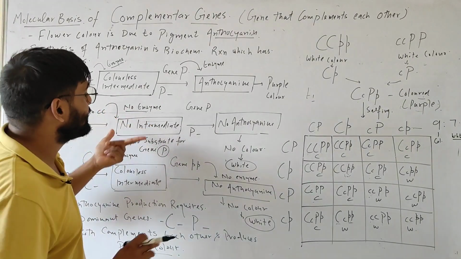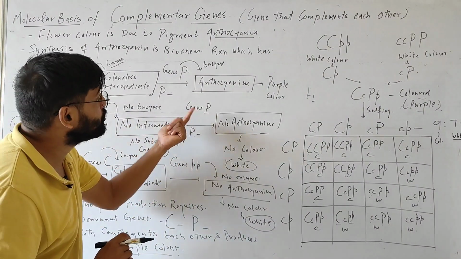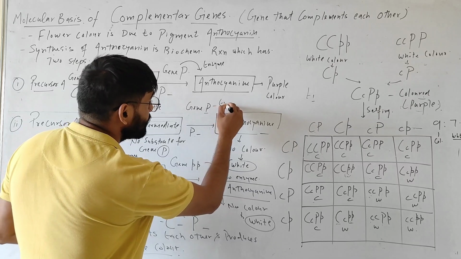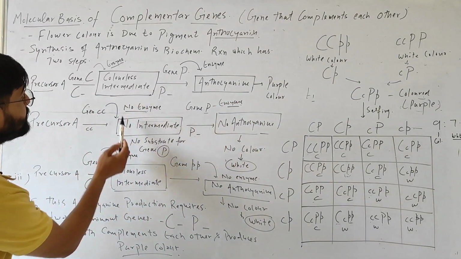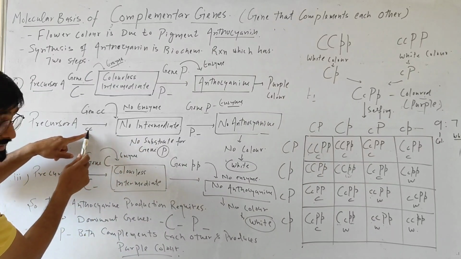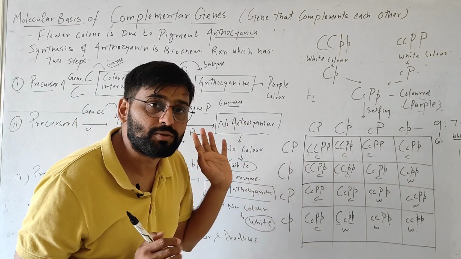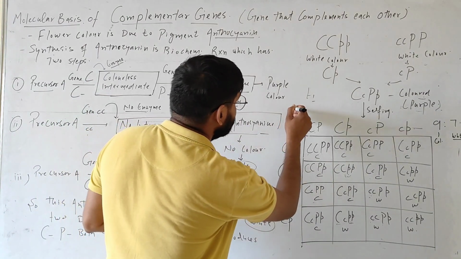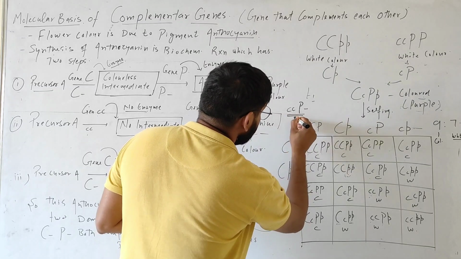The gene capital P is there, and it will produce the enzyme, but the enzyme has no substrate, no colorless intermediate, because the gene that can convert precursor A into the intermediate is absent. So there will be no anthocyanin, and the color will be white.